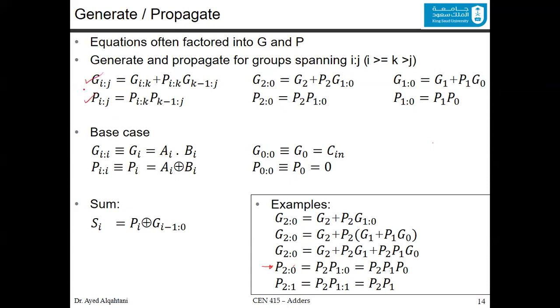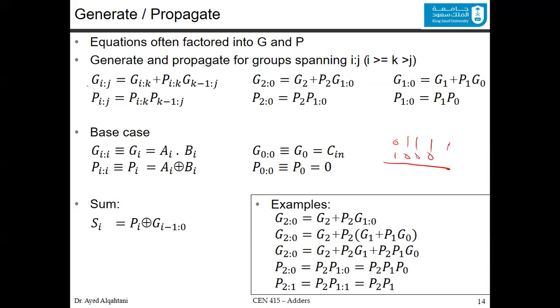Or let's call it the group generation. We have the group propagation here, and we discussed it. And now, what about the group generation? Again, with the same example, we have 0, 1, 0, 1, 0, 1, 0, and here is 0, 1, 1.